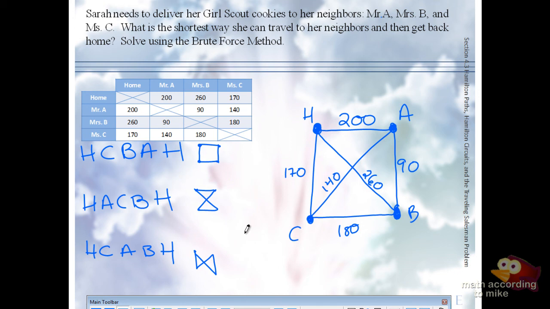Step 3, now we write the associated weights. What's the distance from H to C? 170 plus C to B, 180 plus 90 plus 200. What is 170 plus 180 plus 90 plus 200?